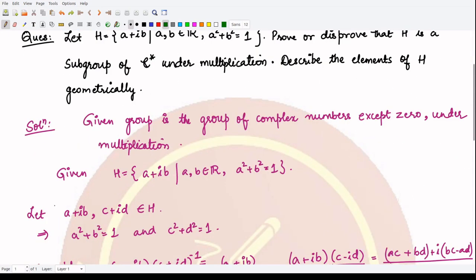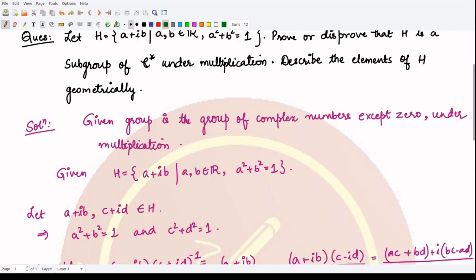So here in this case I am taking two members A plus iota B and C plus iota D from H, and I will check whether this member times the inverse of the other member is also present in H. If yes, then according to the one-step subgroup test, H would be a subgroup of the group of complex numbers.